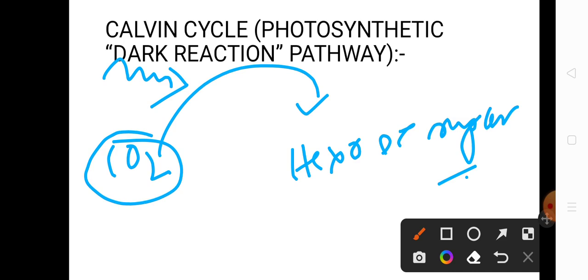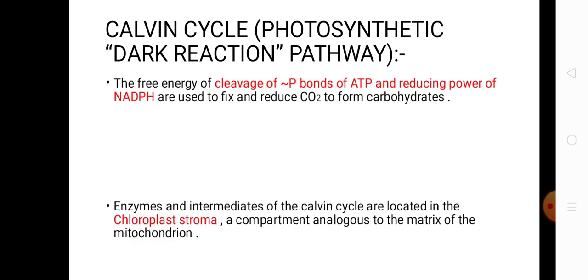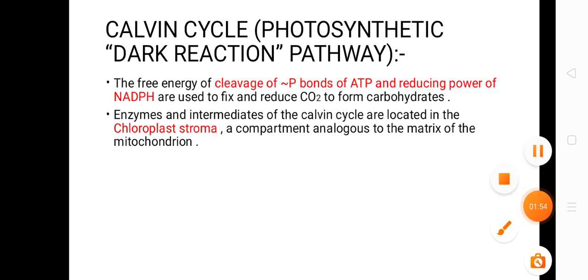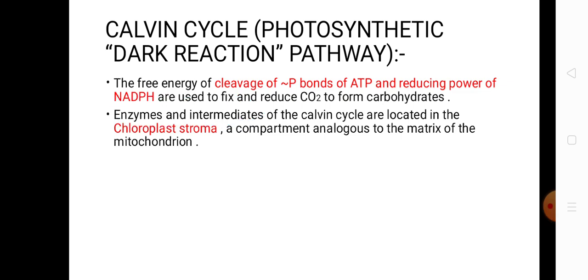So remember, the energy will come from the cleavage of the phosphoanhydride bond of ATP that we have just talked about, as well as the reducing power of NADPH. Okay, so all the enzymes and intermediates responsible for the Calvin cycle are located in the chloroplast stroma, which looks like the matrix of the mitochondria.